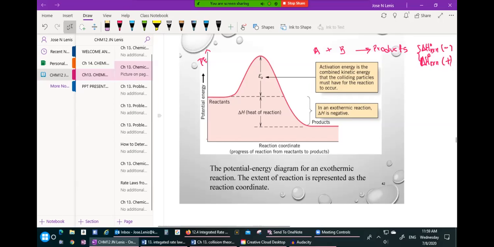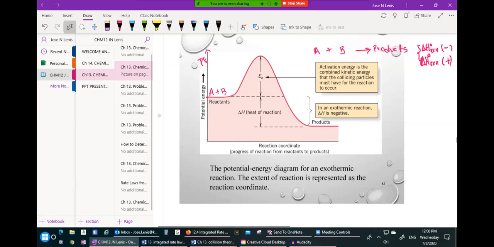So let's start to draw a potential energy diagram for an exothermic process, like this one. In an exothermic reaction, reactives A and B have higher potential energy than products.